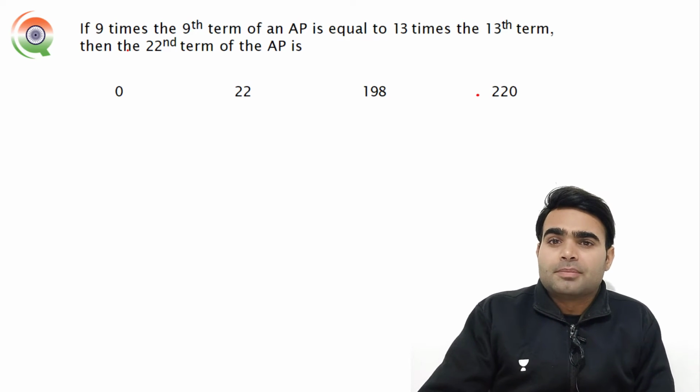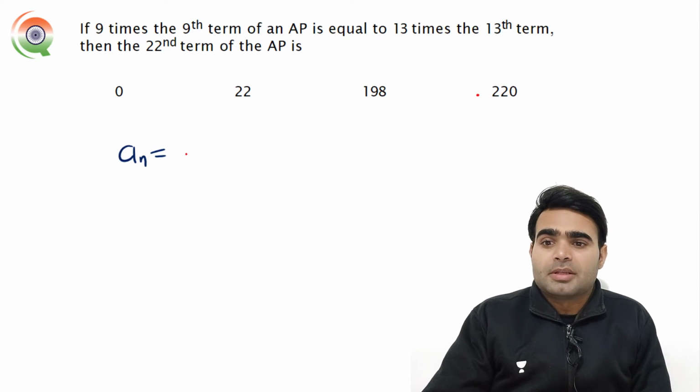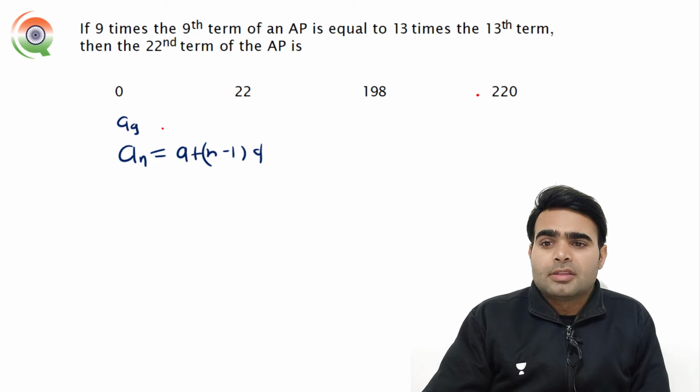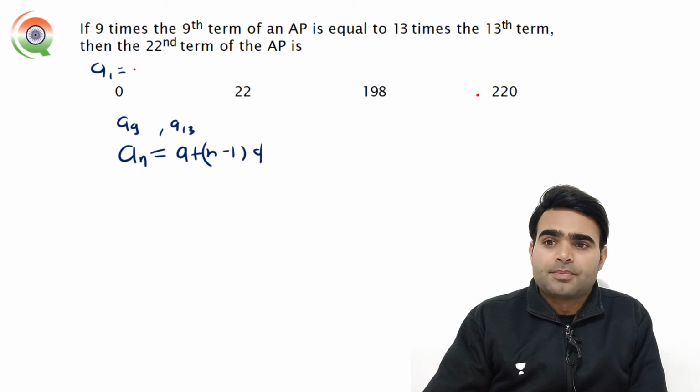Okay, you can see what is given: if 9 times the 9th term of an AP is equal to 13 times the 13th term. We know that the nth term of an AP is given by A plus (n minus 1) times D. Similarly, we can write the 9th term as A9 and the 13th term as A13. And we have to assume the first term A1 as A and the common difference as D, if nothing is given.